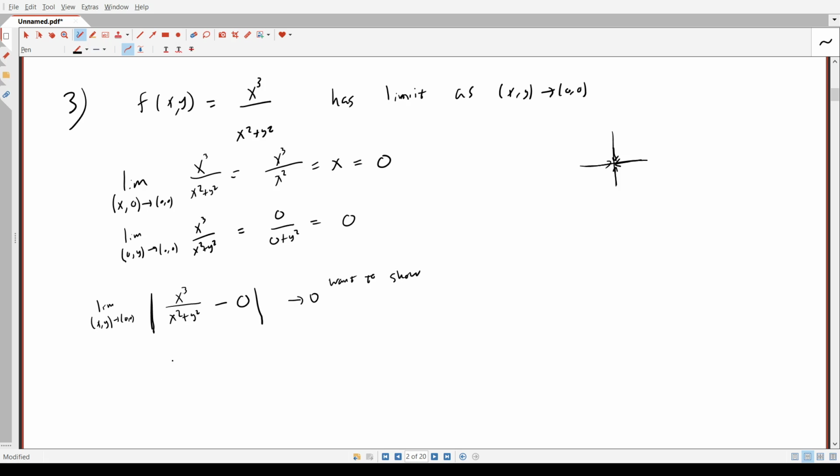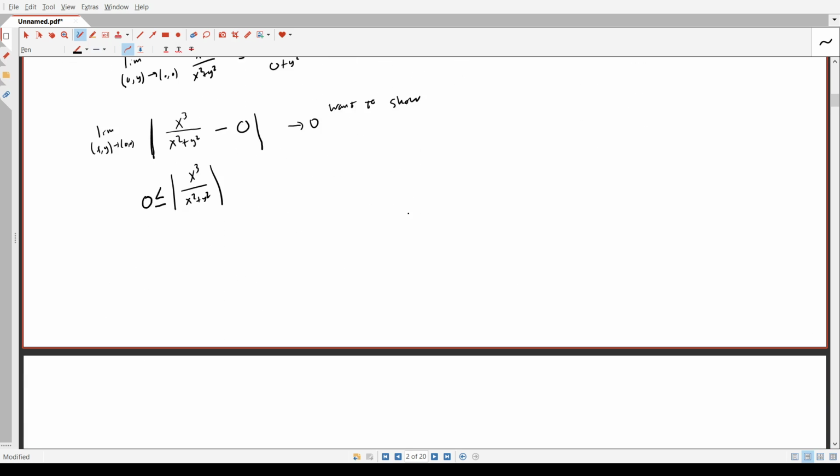So the first thing that I notice is that I have x cubed over x squared plus y squared, and I know that on this side it's bigger than or equal to 0. But what else do I know? I know that x squared is less than or equal to x squared plus y squared. So that tells me that 1 over x squared is bigger than or equal to 1 over x squared plus y squared.